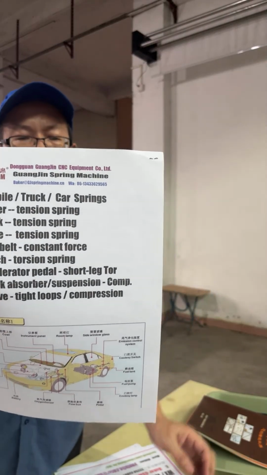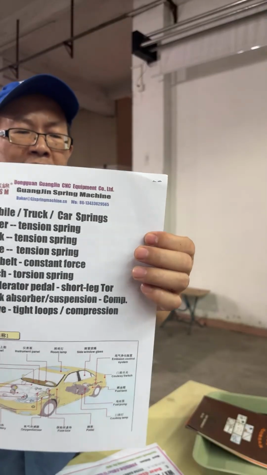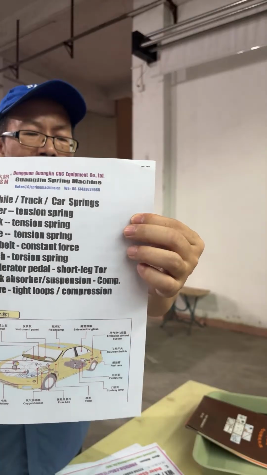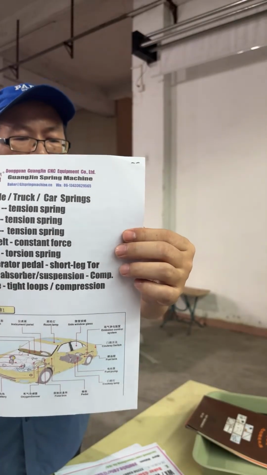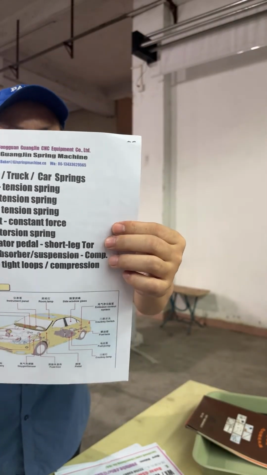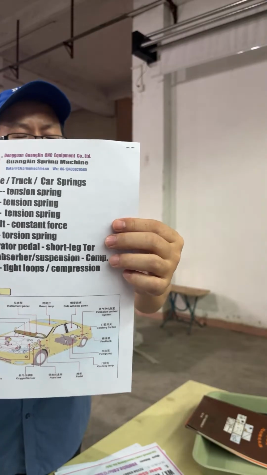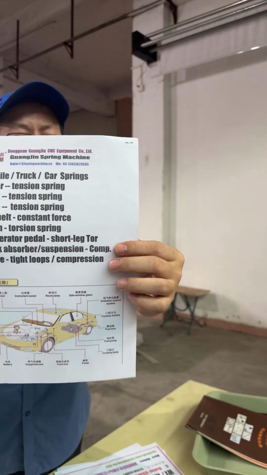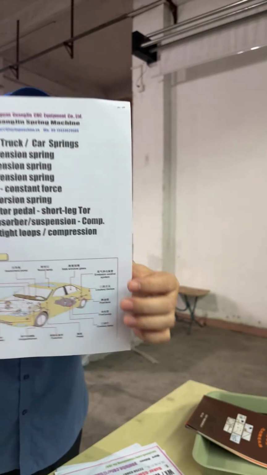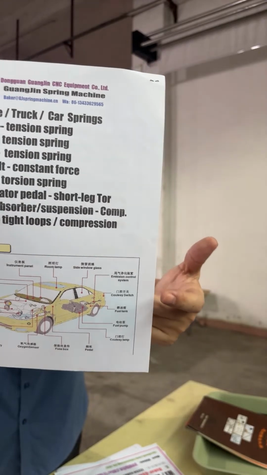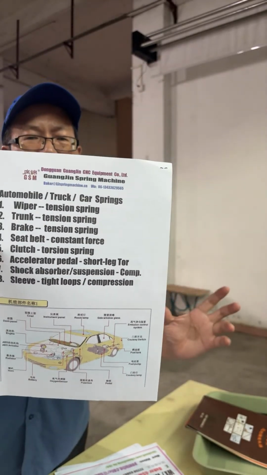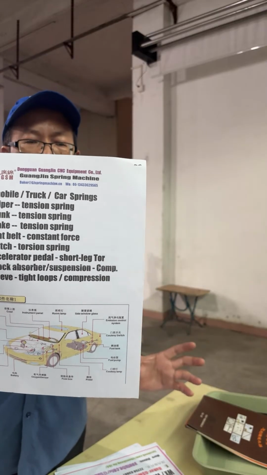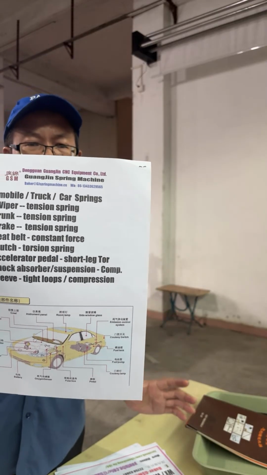The automobile industry uses a lot of extension springs, for example, the wiper, the trunk, the brake system, the accelerator pedal, many places in a car, inside or outside, use extension springs.